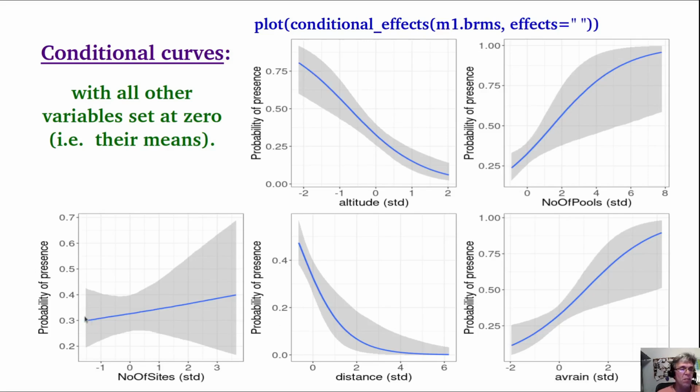There is hardly any relationship between the probability of presence and the number of potential breeding sites, and the rest is pretty obvious. I think this is a pretty good way of showing the implied relationships obtained after fitting the Bayesian model.